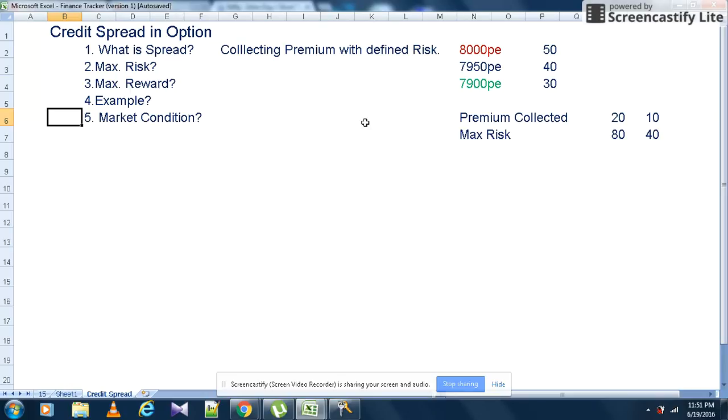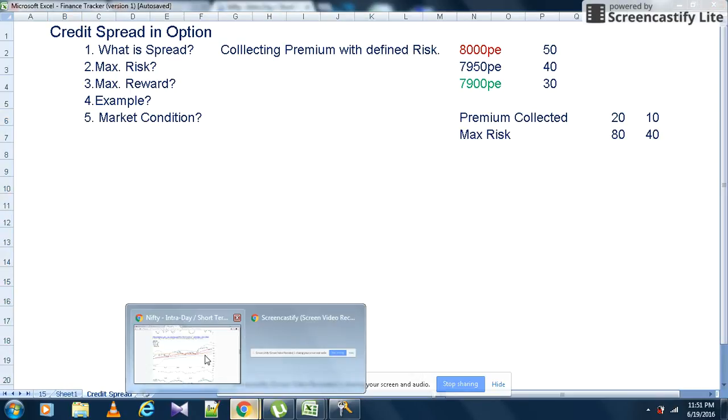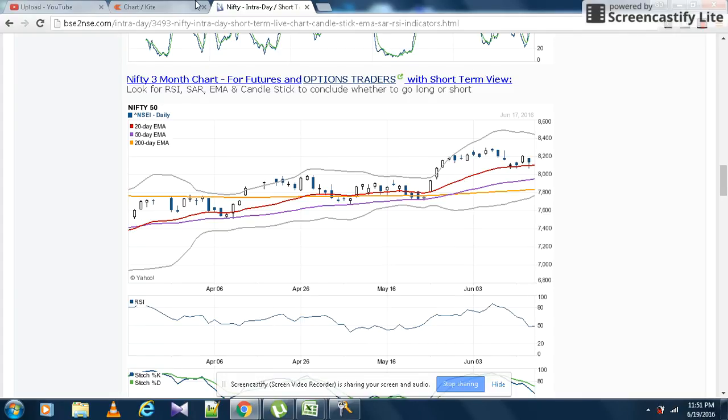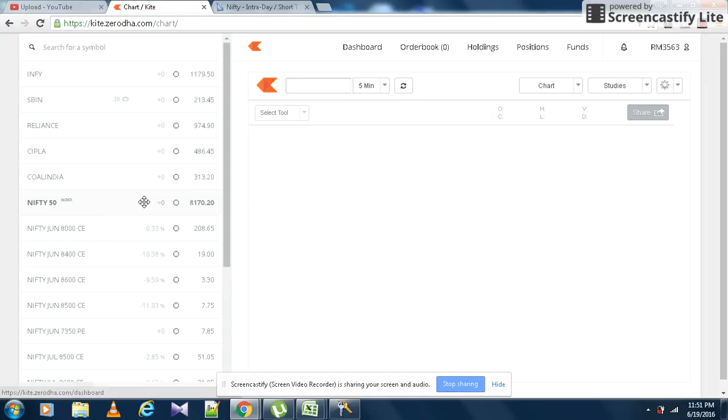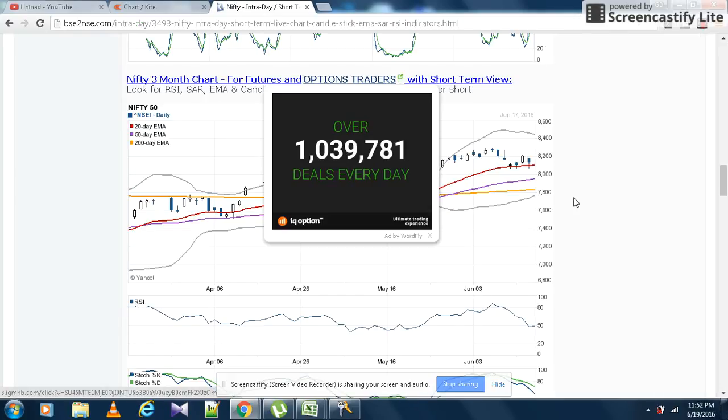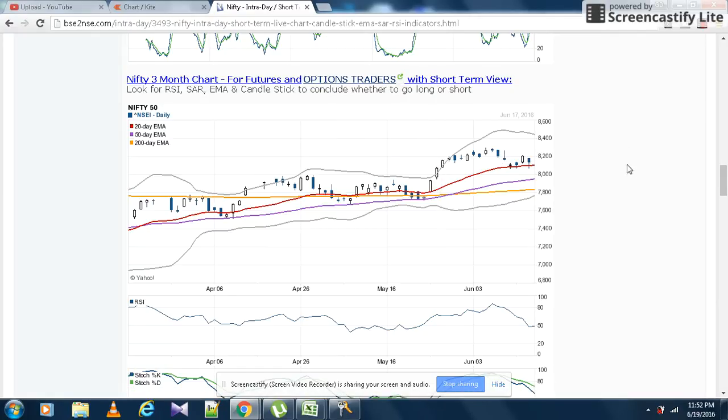Today Nifty is hovering around, where's my chart? What is the current price of Nifty? This is the Zerodha Pi application, and you can see Nifty is around 8170. You can see the high Bollinger Band is at 8400 plus, and the low Bollinger Band is around 7800.